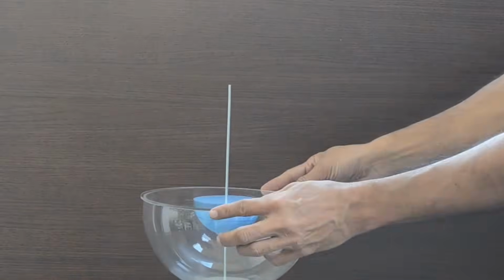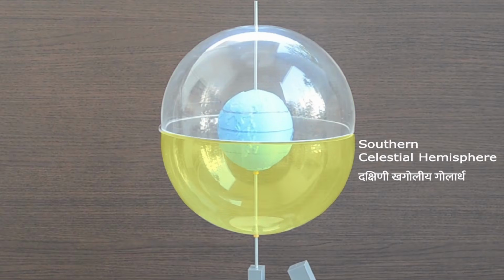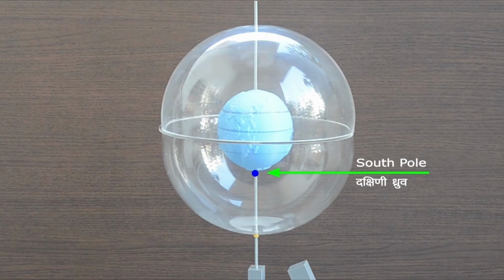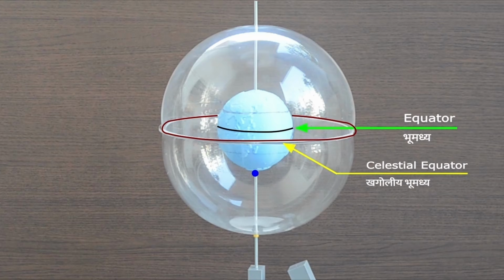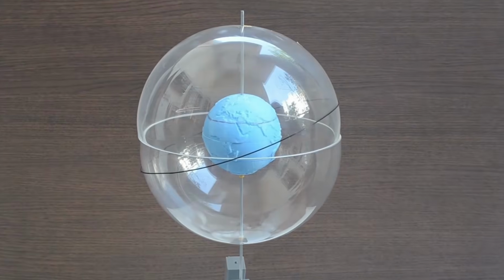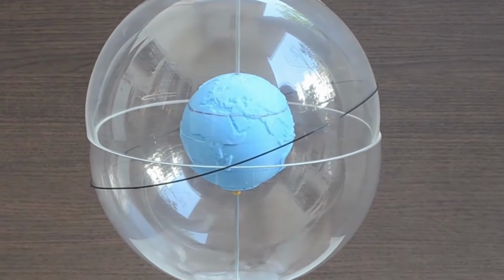In an earlier video on the equatorial coordinate system, we looked at the position of two important circles. First is the celestial equator, Earth's equator projected outward in space. It divides the sky into northern and southern halves. And the second one is the ecliptic, the sun's apparent path through the year as seen from Earth.